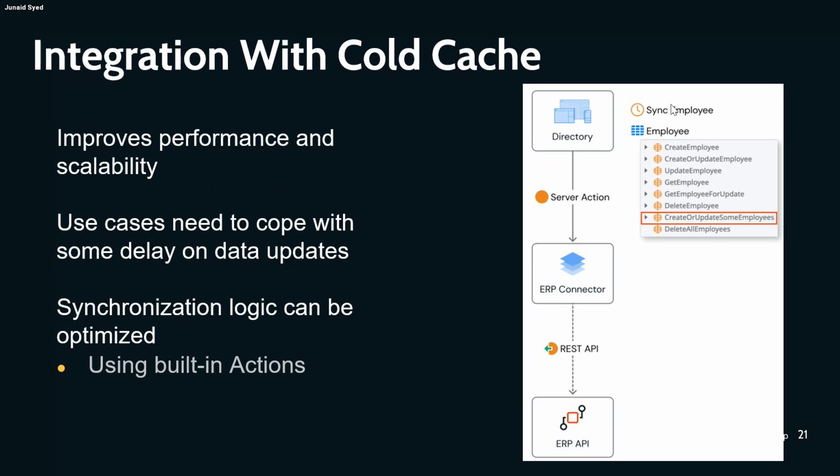Obviously, because we are caching the information, we are storing it in the employee entity, and we are refreshing that information at certain regular intervals. Now, if any change happens on the ERP system for any employee during that interval, I won't have that updated information in my employee entity.